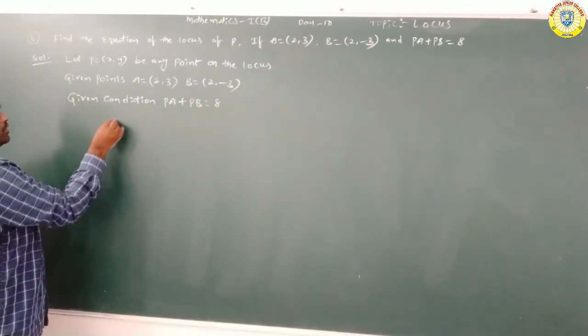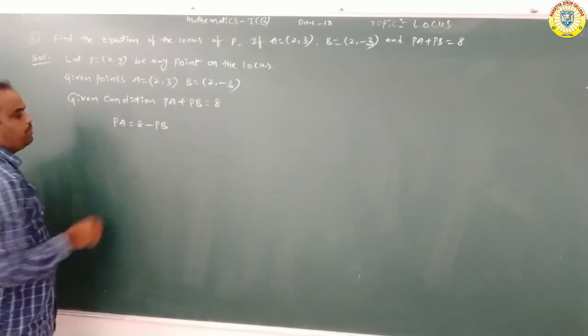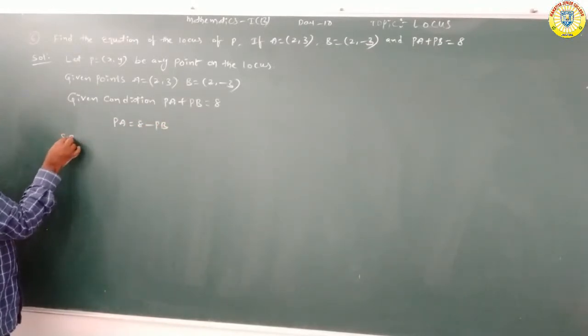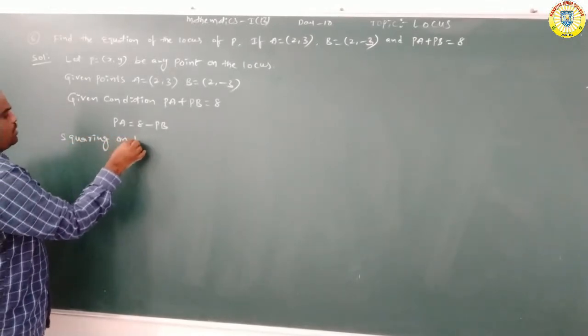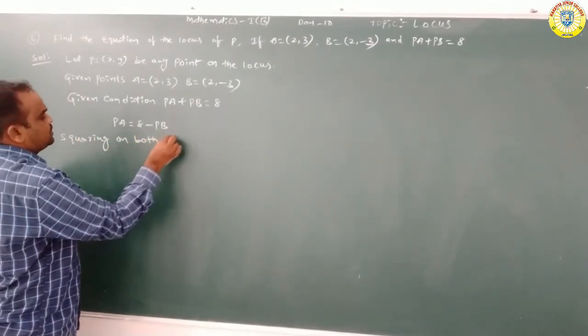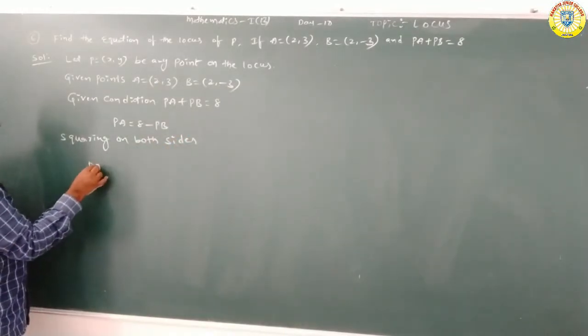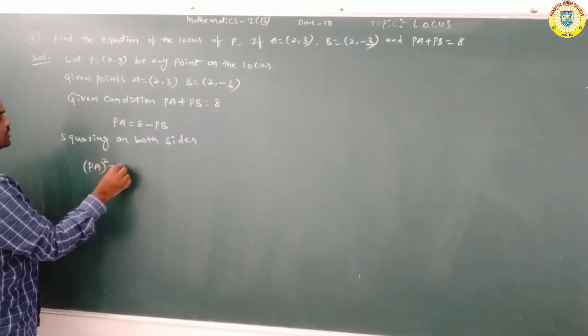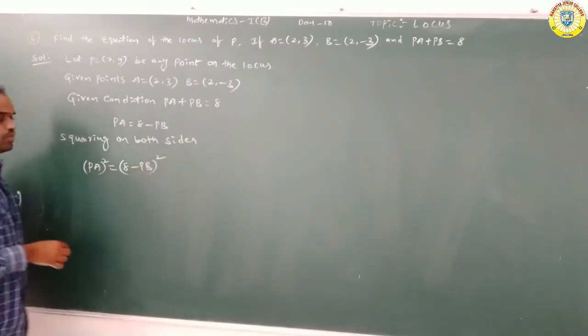Here also we are doing the same. PA is equal to 8 - PB. So next we are doing squaring on both sides. PA whole square is equal to (8 - PB) whole square.